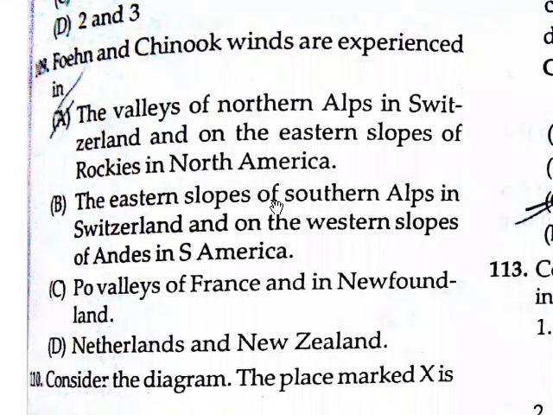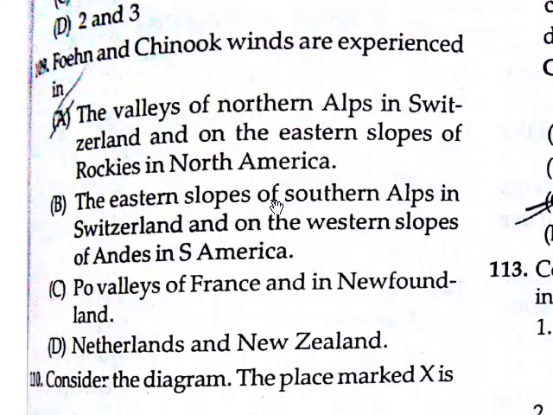Foehn and Chinooks are experienced in the valleys of the northern Alps in Switzerland and on the eastern slopes of the Rockies in North America.